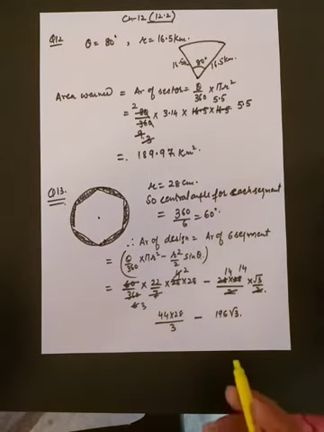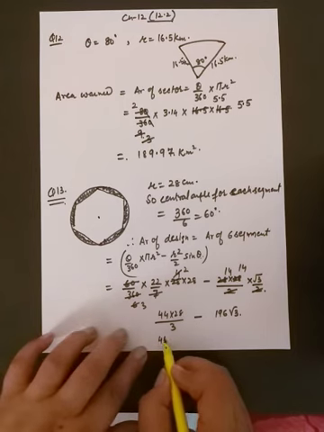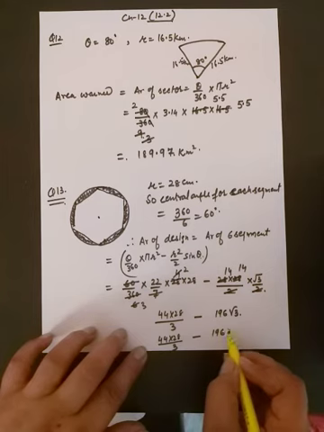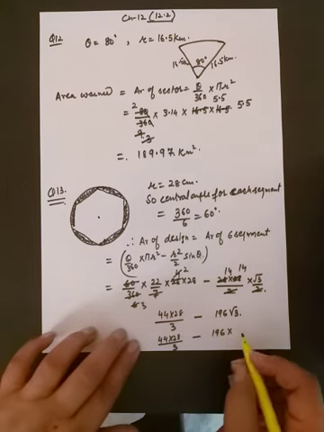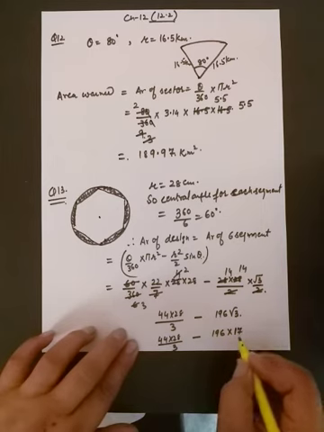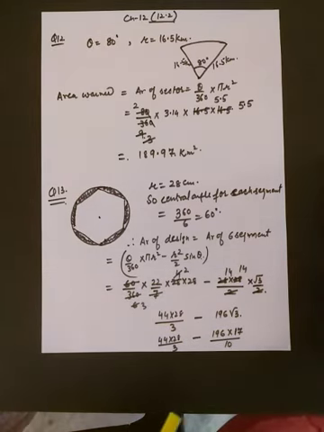Now we will put the value of root 3 because root 3 is given here. Root 3 is 1.7, so we can write it as 17 by 10. Now we will take the LCM of both of the sides and we will solve it.